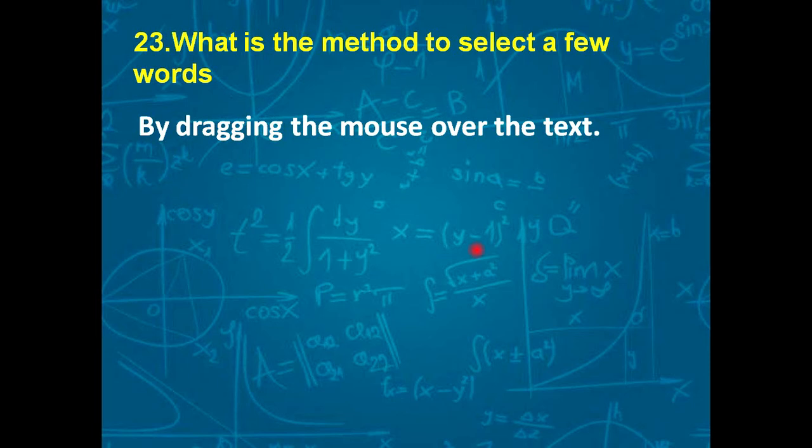Let's move ahead. Question number 23. What is the method to select a few words? As I told you, dragging the mouse over the text is your method. Let's do the practical about it.